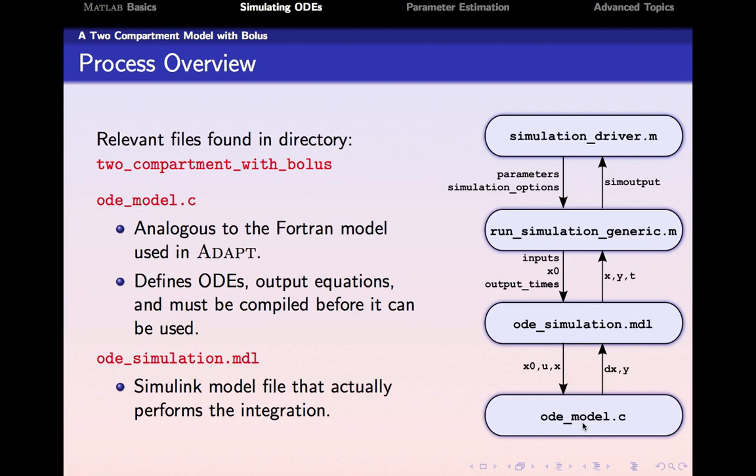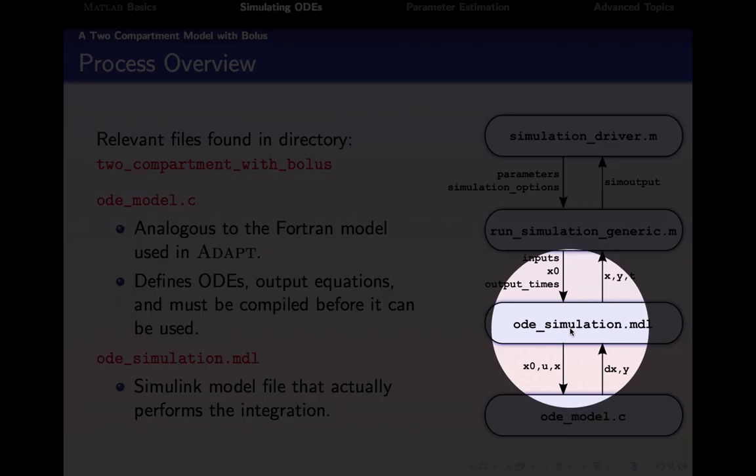This C file is meant to speed up calculation, and the way it speeds it up is it calculates the derivatives of your system at any given point in time. So in order to integrate the system forward in time, we're going to call a Simulink model.